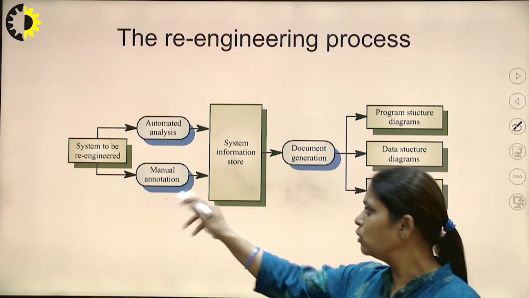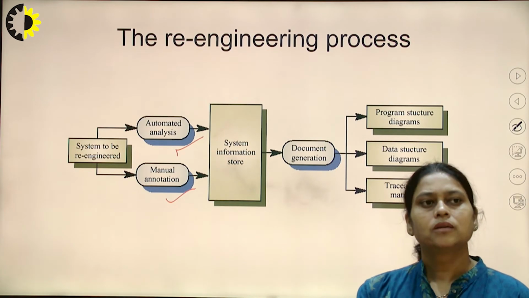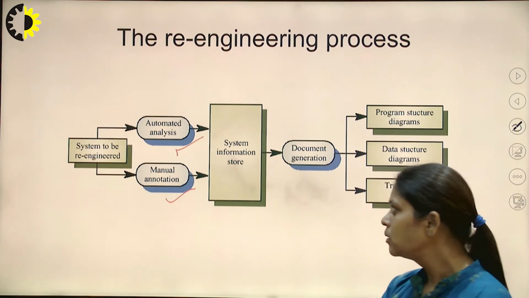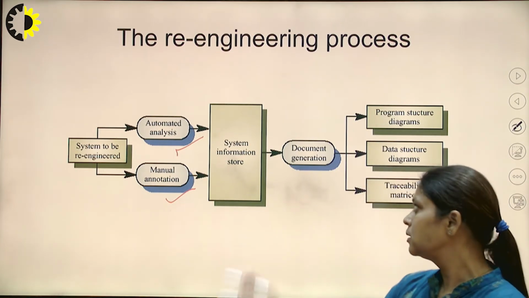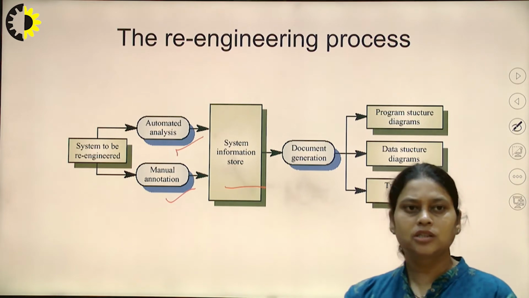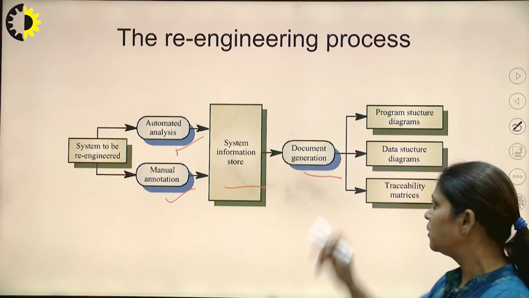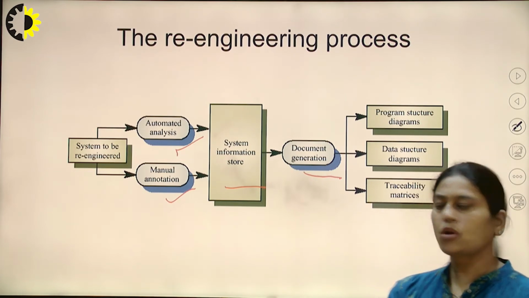One is manual annotation and the second is the automated analysis method. When the system is re-engineered through manual annotation or automated analysis, the information is stored, and then we generate the new documents for the re-engineering process.